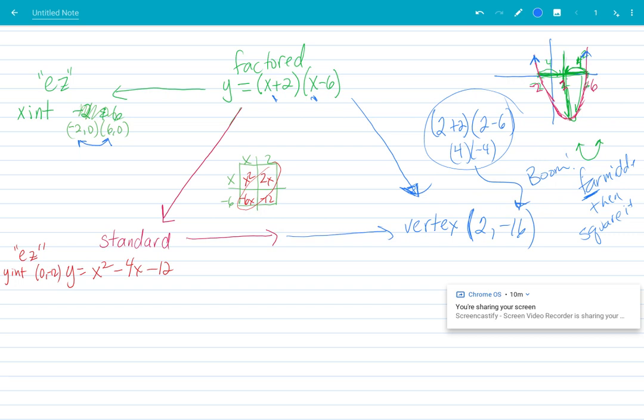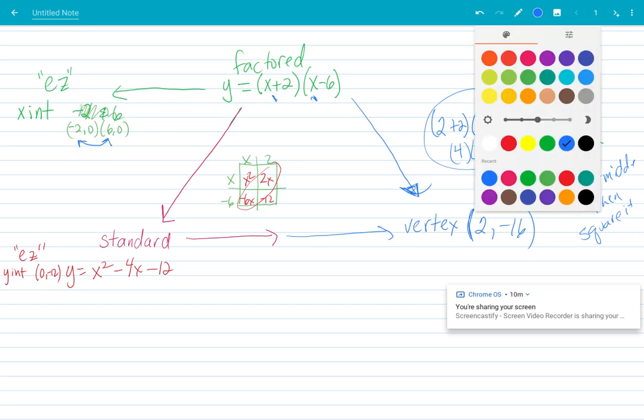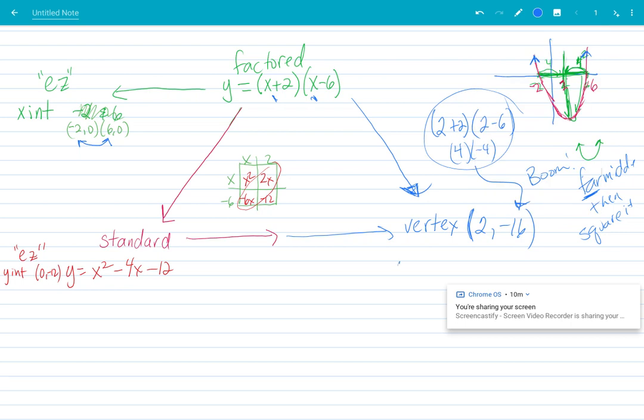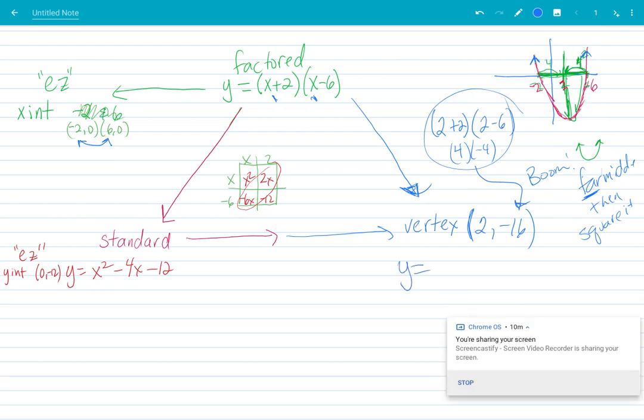But in order to do that, can somebody give me the equation for my vertex? Y equals what? I'll give you a hint: x minus 2 squared minus 16. Yep, x minus 2 quantity squared minus 16.